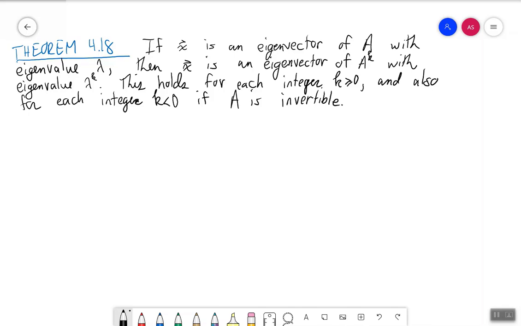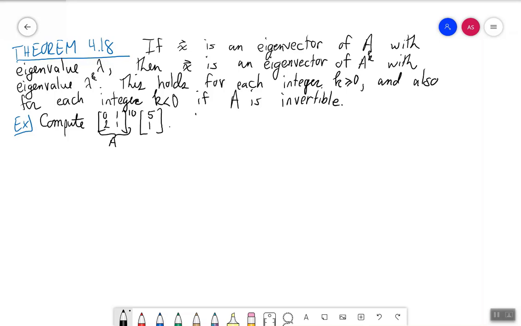This result is actually useful computationally. For example, let's try and compute this thing here. We could go and multiply this matrix, which I'll call A, by itself 10 times, and then multiply by (5, 1), but that would take a lot of work.